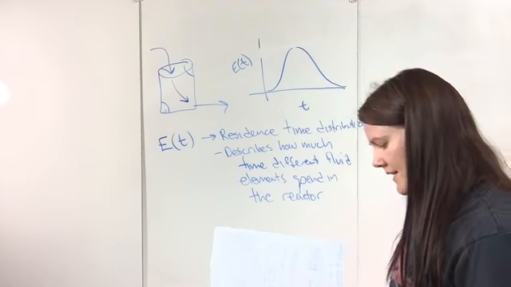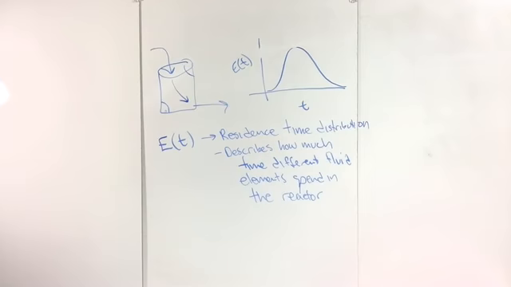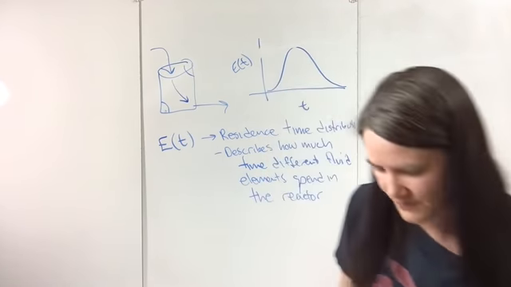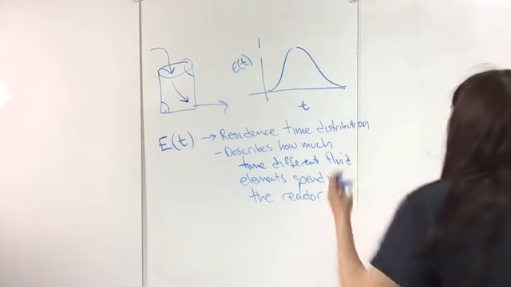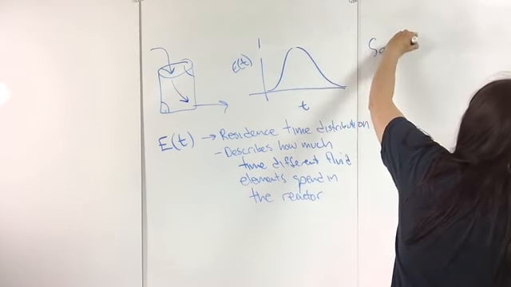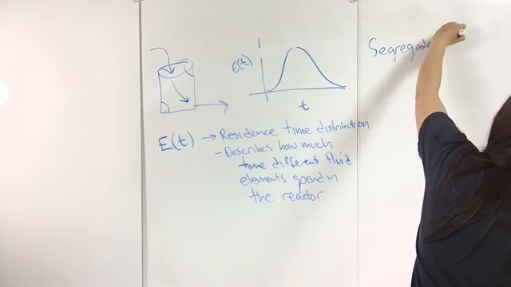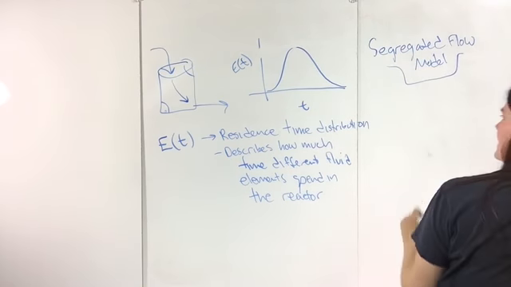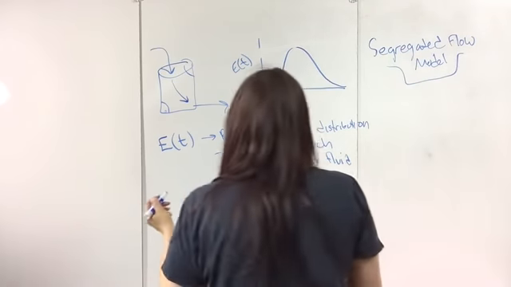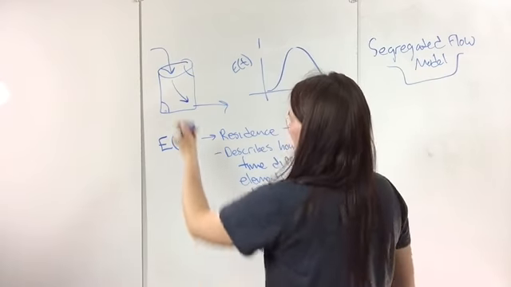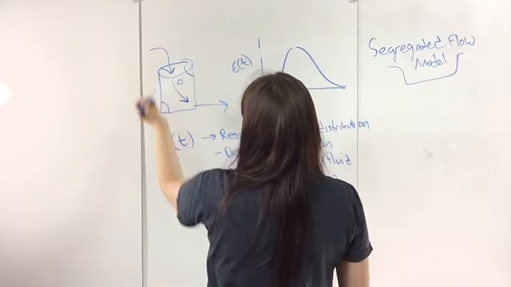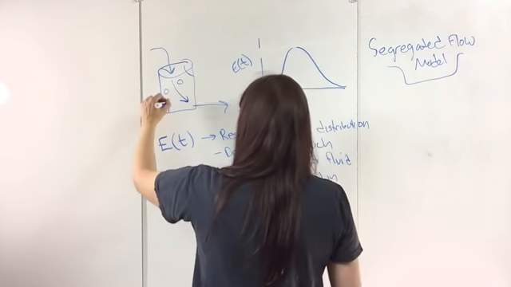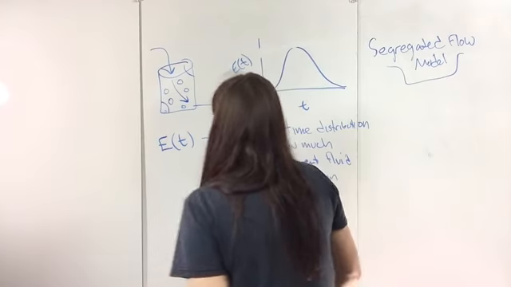The other thing that he said to know about, and that I'm going to do the problem on, is the segregated flow model. Going back to this reactor, this is assuming that you have a bunch of, they call it globules in the book, these globules of molecules.